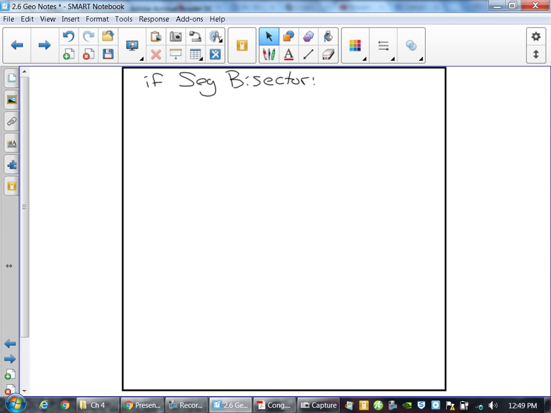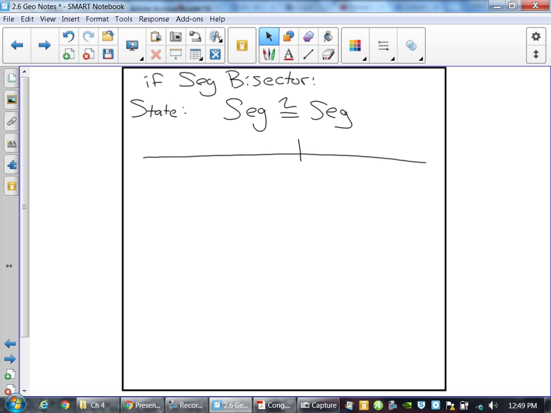So you would state some segment congruent with some other segment. Well, what would that look like? Let's say ray XR is the segment bisector of AB.